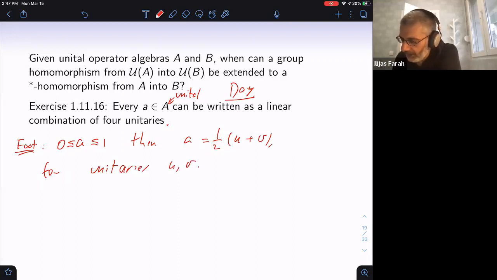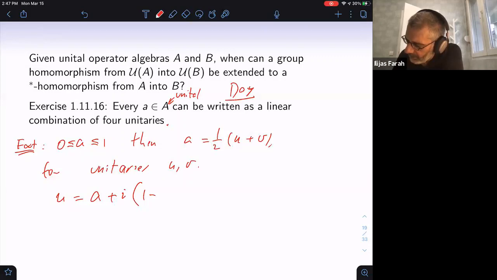All right. And I think I'm going to embarrass myself now by trying to remember what the formula was. Let's try. So U is something like, take A plus i times the square root of, I think I want 1 minus something like this. Let's see, is this a unitary?